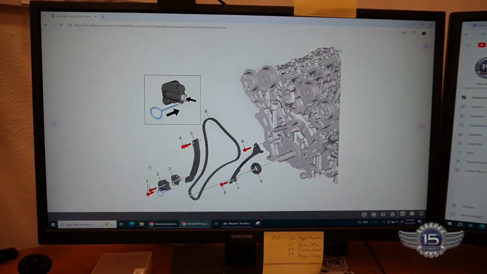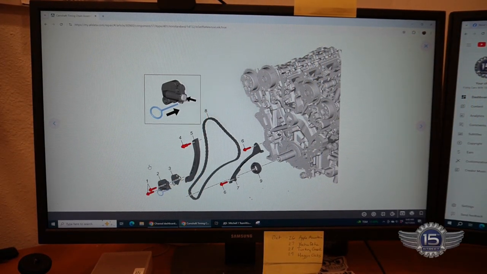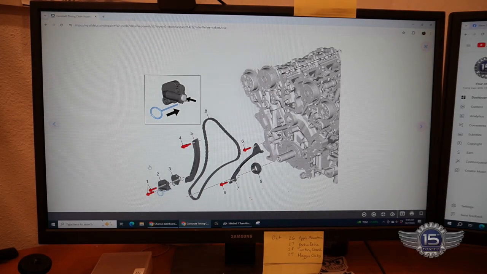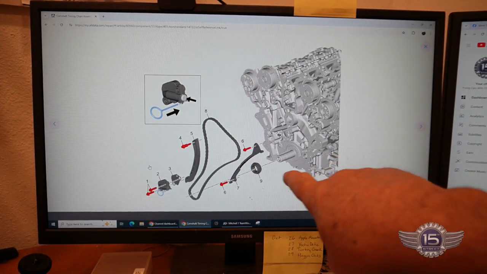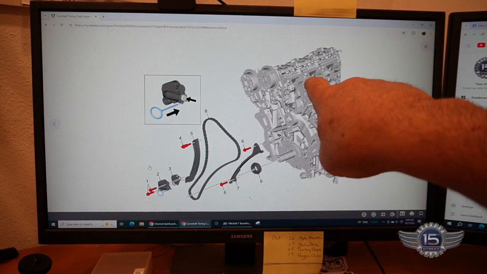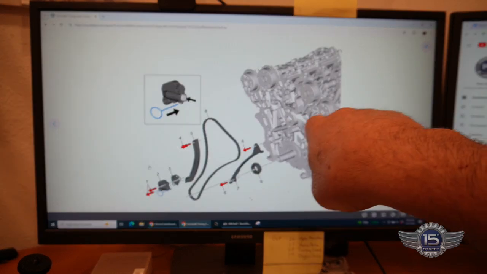It could be both phasers are starting to go bad, but because it's both cams and bank 1 isn't showing any problem, it makes me think that maybe we got a stretched chain. The reason I say that is because bank 2 is the driver's head on this thing.